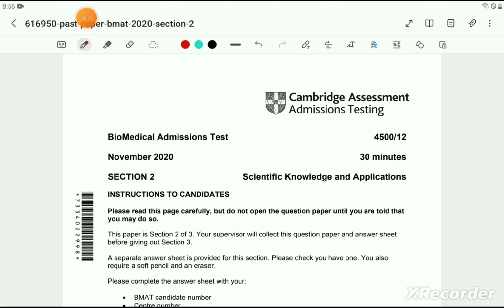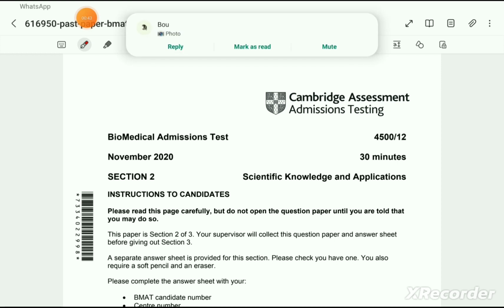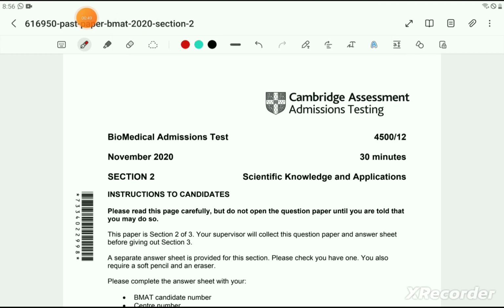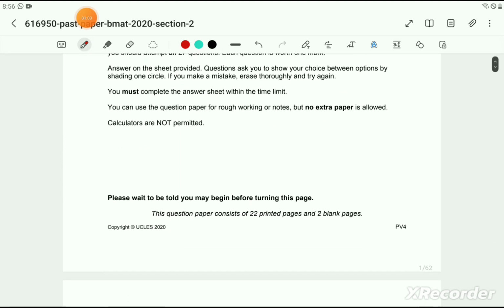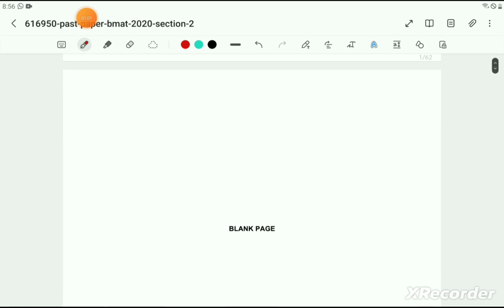I mean the questions from scientific, science subjects. We can say biology, chemistry, mathematics and physics. The title of the section is Scientific Knowledge and Application. You will be given 30 minutes, which is very short. But remember, for medical admission, whether maths, physics or chemistry, the questions are very basic, so you don't need to worry.